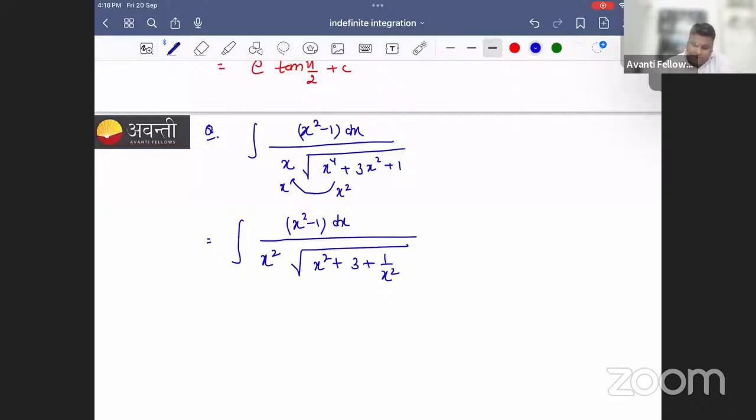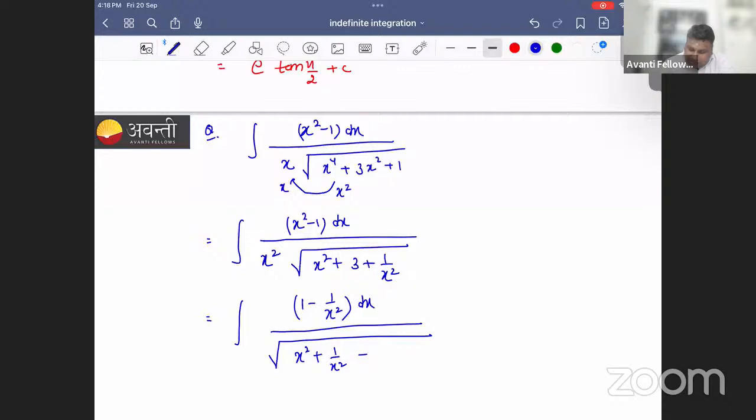Got it? Now take this x square to the numerator. It will be (1 minus 1 by x square) dx upon, inside the root, x square plus 1 by x square plus 3.